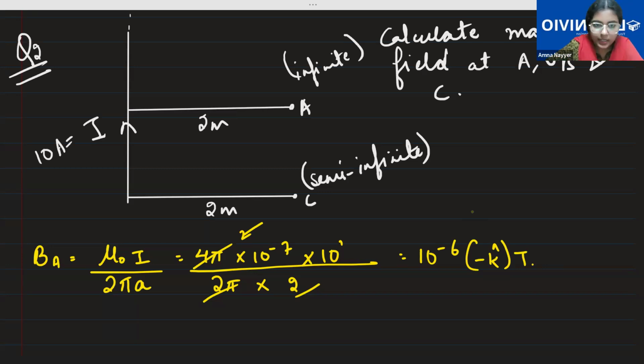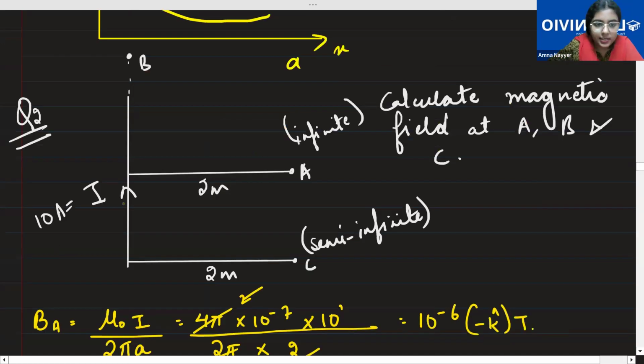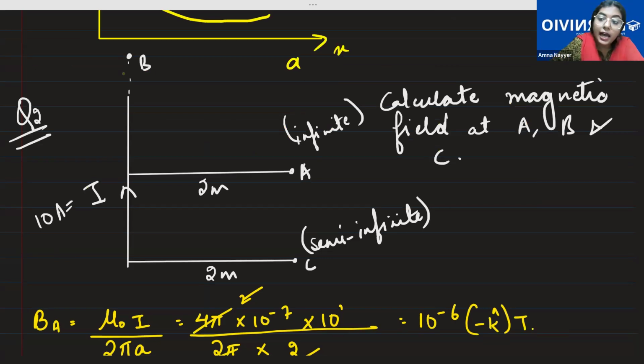Yes, ma'am. Okay. Second, when the point is B. Look, this is the wire carrying the current 10 ampere, and point B is lying on the axis of it.